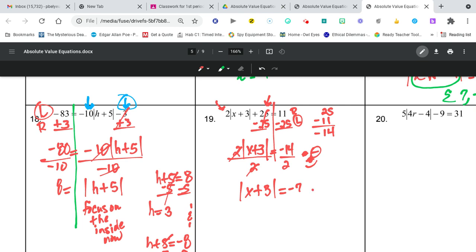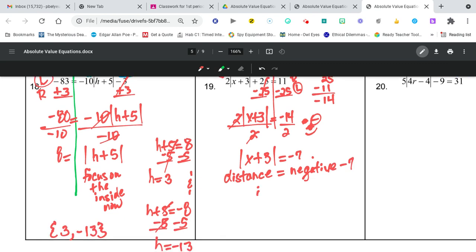But we know that absolute value represents distance. And it says that distance is equal to some negative. In this case, it says your distance is equal to negative 7. Well, that's impossible because distance can't be negative. So our answer is no solution, okay?